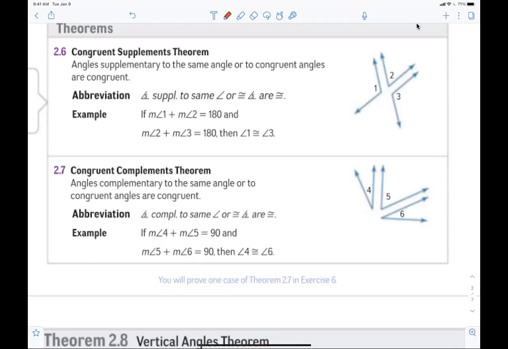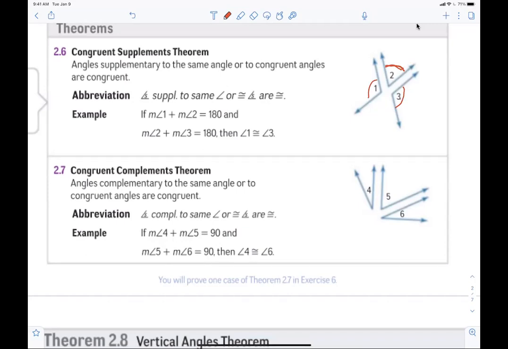Now, what does that mean? That means if angle 1, now watch me, is supplementary to angle 2, which just means they add up to what? And angle 3 is supplementary to angle 2, then what has to be true about 1 and 3? They are congruent. All right, they are congruent.